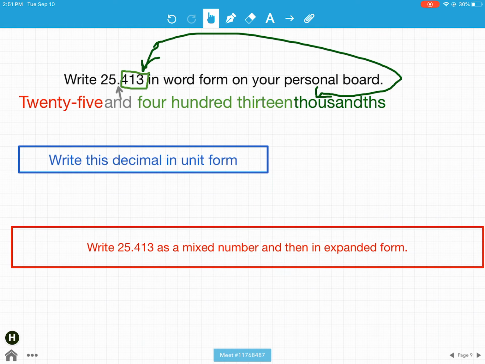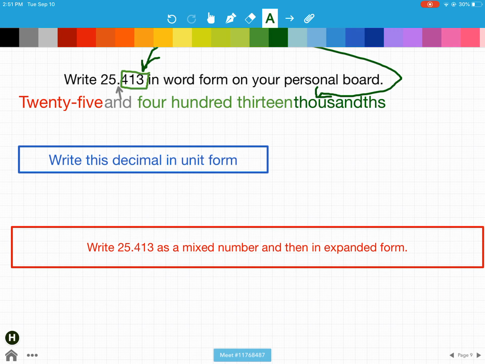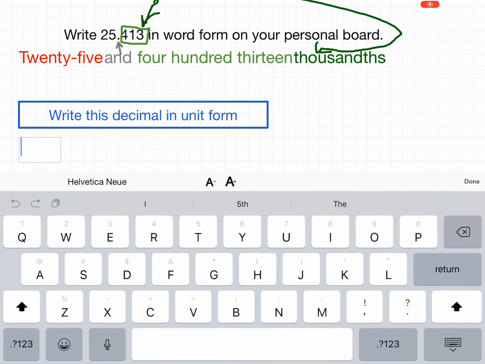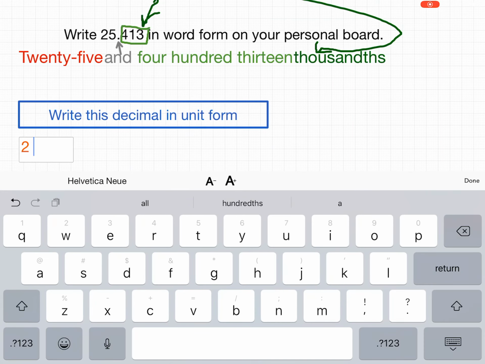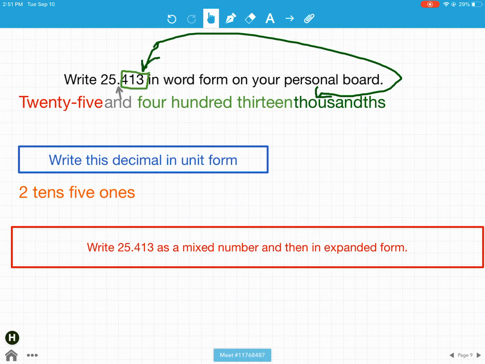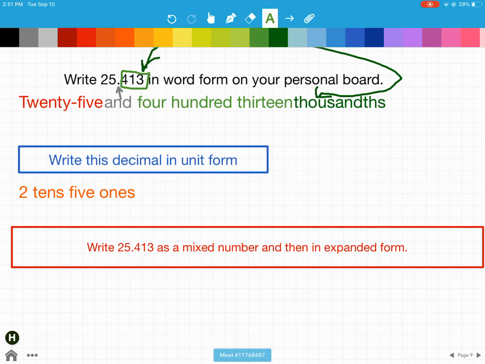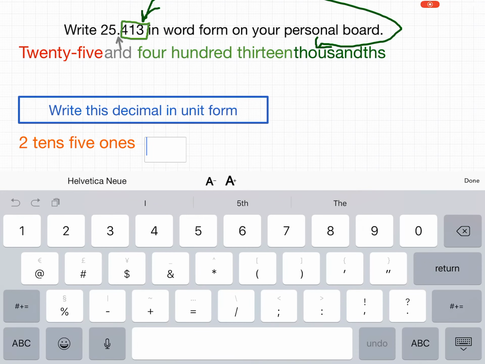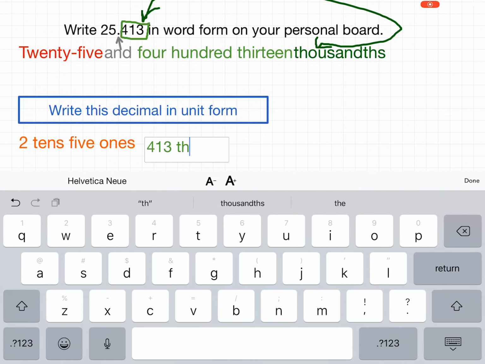Okay? So unit form would be 2 tens, 5 ones, 413 thousandths.